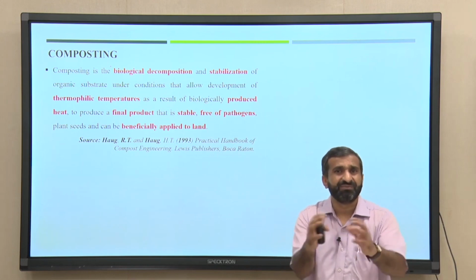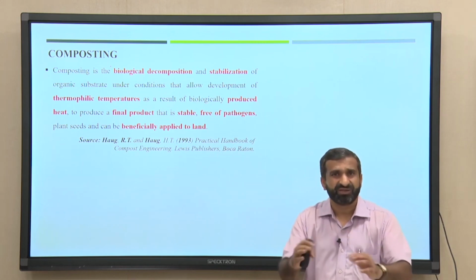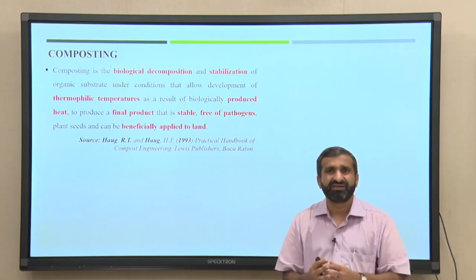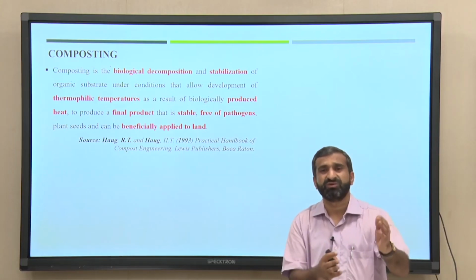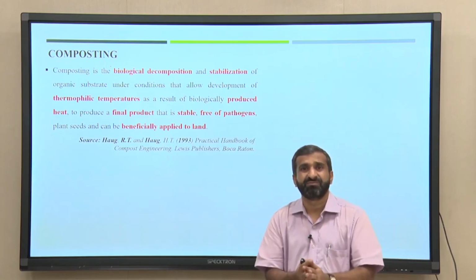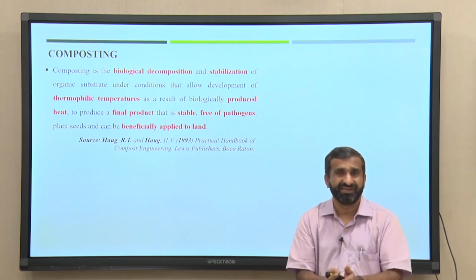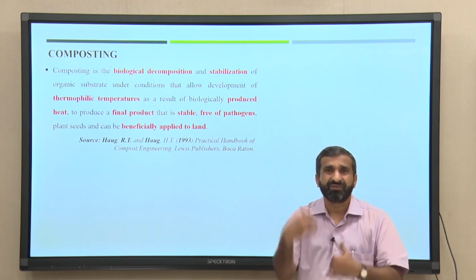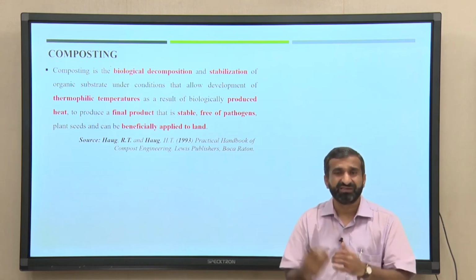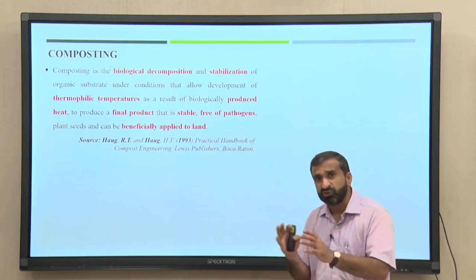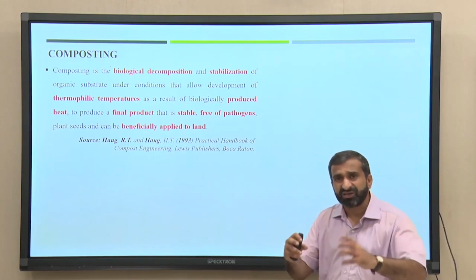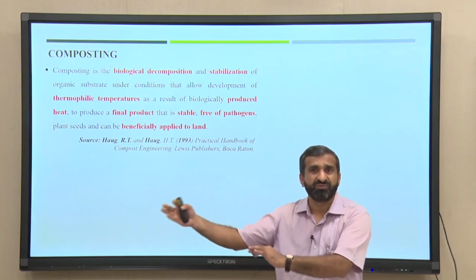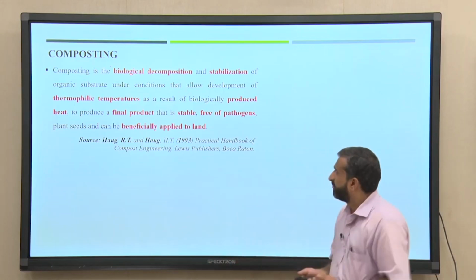Stability or maturity is very important, and you can easily measure it by how much oxygen is taken up by the bacteria or microbes, and how much carbon dioxide is produced during the degradation process. So, it needs to be very stable. If it is not stable, it will unnecessarily create problems once you add that compost into the soil.